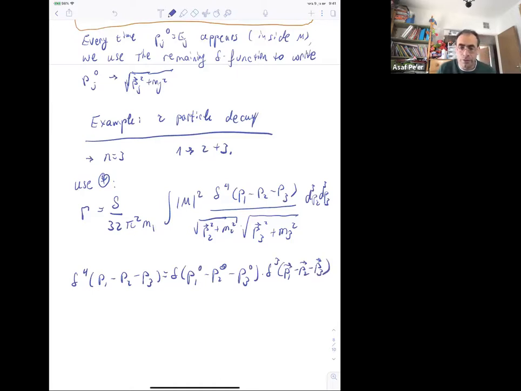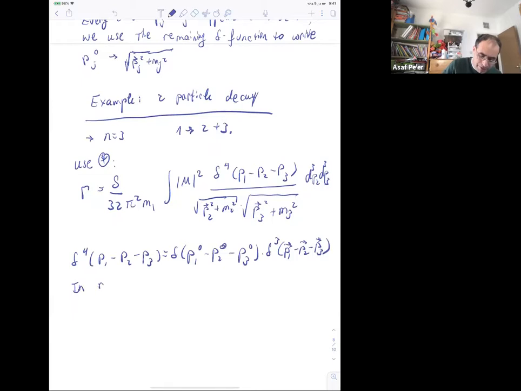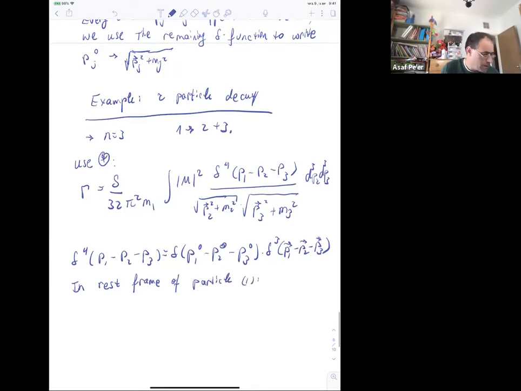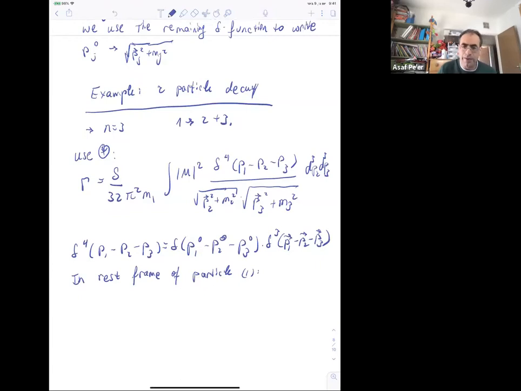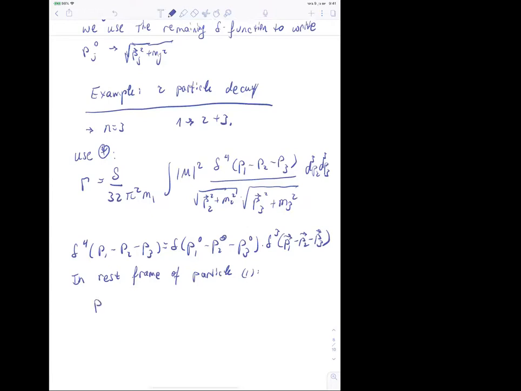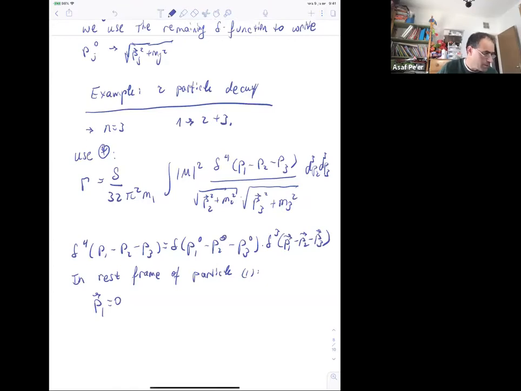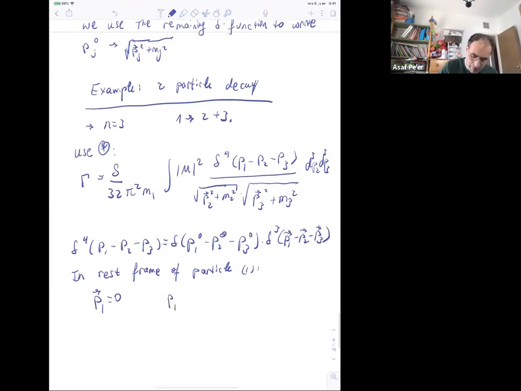Now, we argue that we work in the rest frame of particle 1, which of course considerably simplifies things. In the rest frame of particle 1, then, of course, we have what is a P1 vector? 0. Of course, right? P1 vector is equal to 0, right? And P1, the 0th component, what is it? Mass.